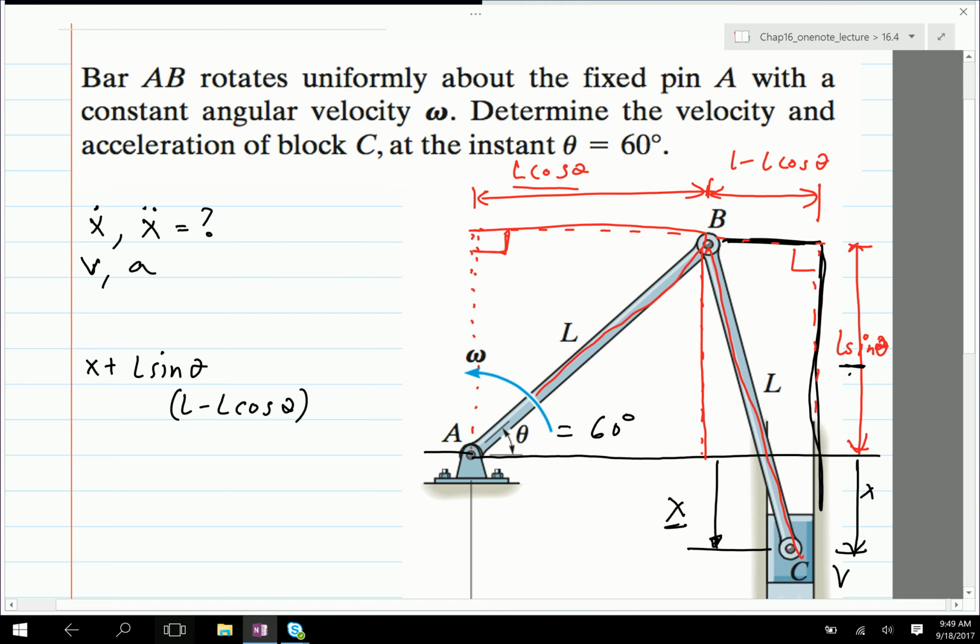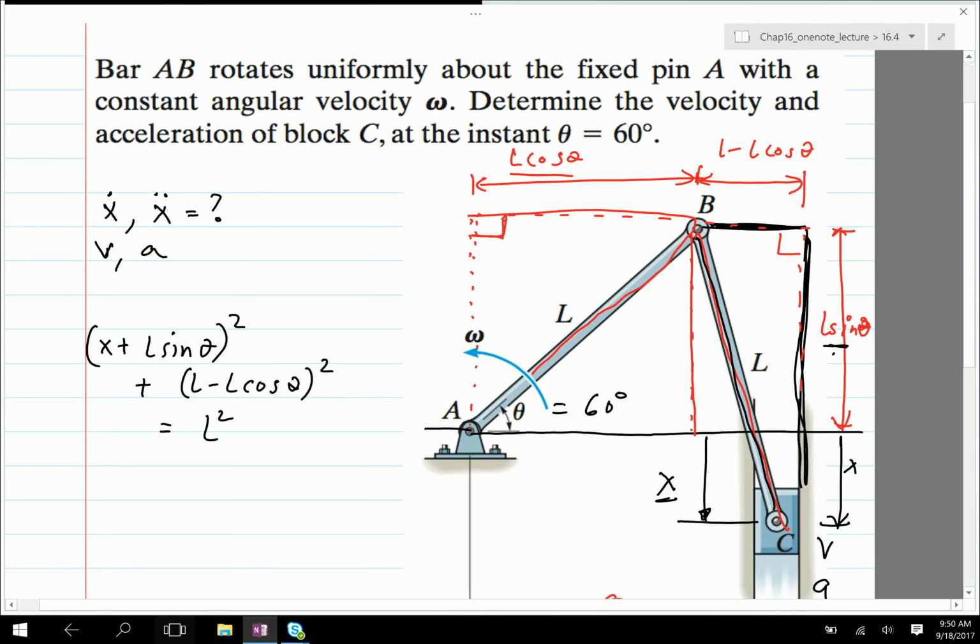So I'm going to write this as X plus L sine theta, which is this side square, plus this side, is equal to the hypotenuse, which is L square. So X plus L sine theta is L square minus L cosine theta square.